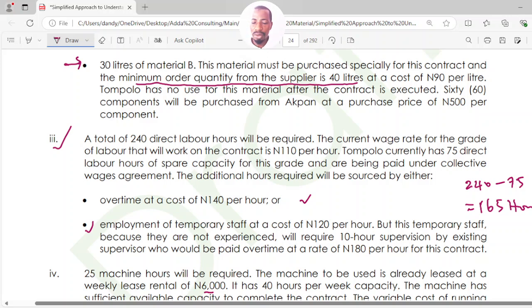All right. So the examiner is now telling you that the additional hours, that is this 165, the addition that will be needed, will be sourced by either overtime at a cost of 140 naira per hour or employment of temporary staff. So I will multiply 165 hours by 140.